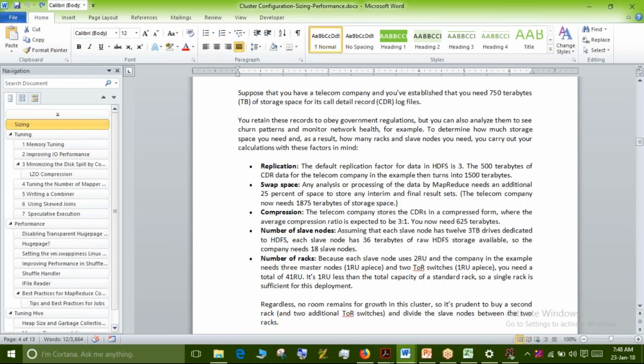You need to have that clarity in mind: what is the current storage need and the projected data accumulation? Based on that, you plan the cluster. That is one point to be considered. I'm not saying first step, second step like that.